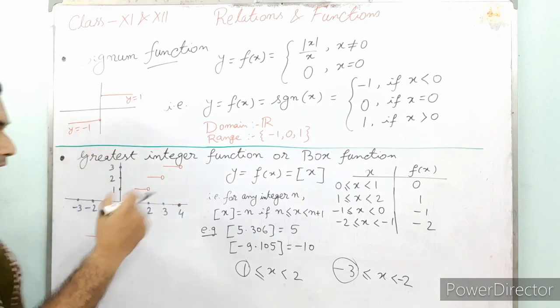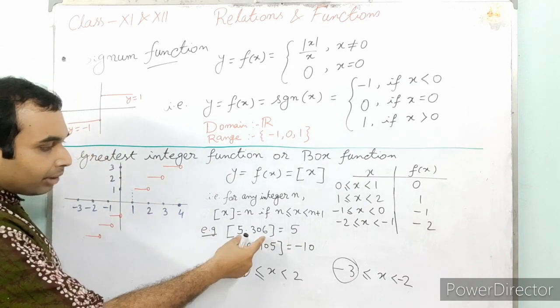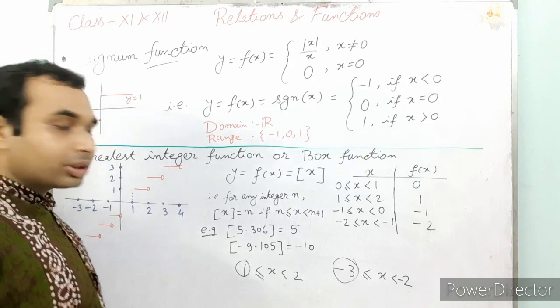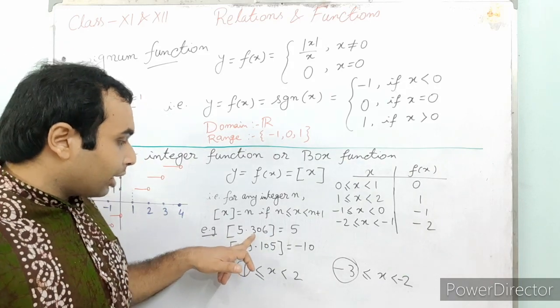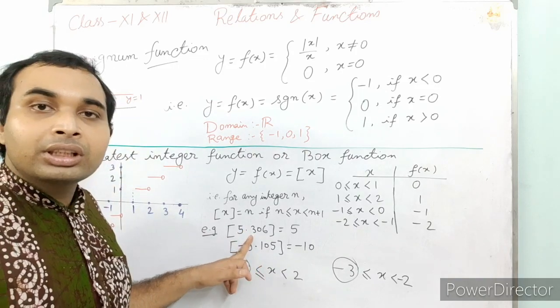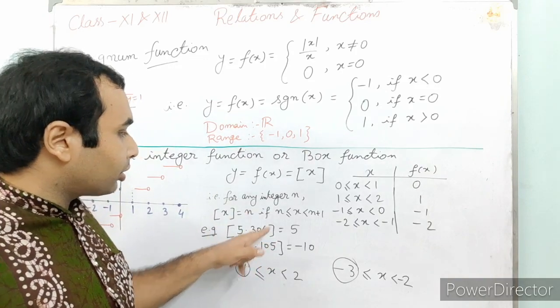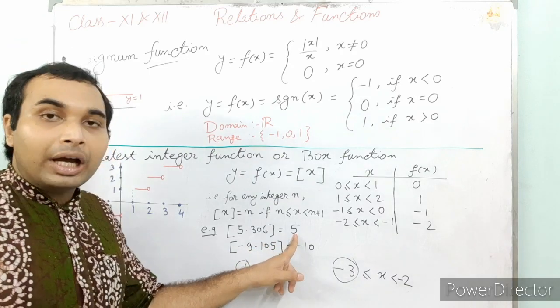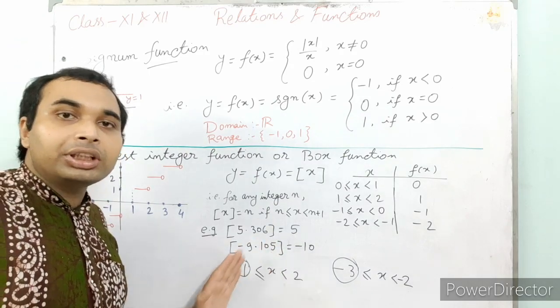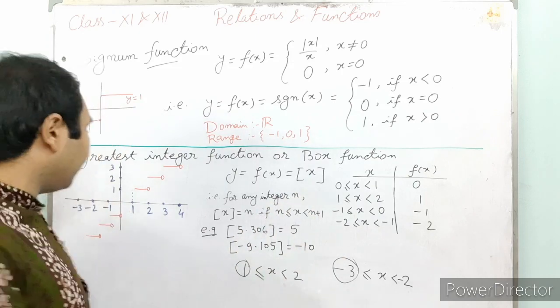Just see, I have given two examples. Box of 5.306, this number 5.306 is in between 5 and 6. So obviously according to the definition of the box function, it will take 5. Minus 9.105 is crossing minus 10.